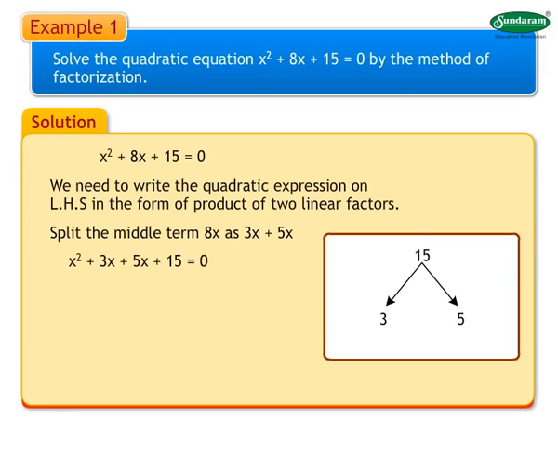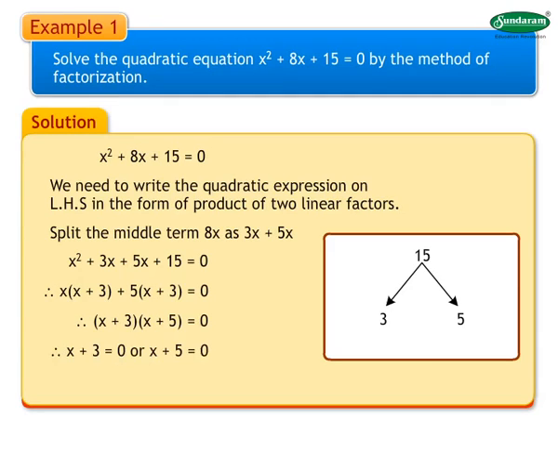X square plus 3x plus 5x plus 15 is equal to 0. Therefore, x into x plus 3 plus 5 into x plus 3 is equal to 0. Therefore, x plus 3 into x plus 5 is equal to 0. Therefore, x plus 3 is equal to 0 or x plus 5 is equal to 0. Therefore, x is equal to minus 3 or x is equal to minus 5.